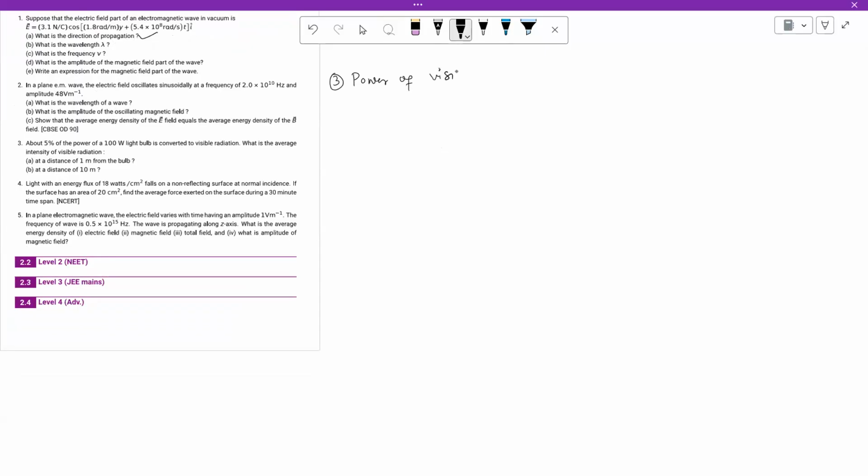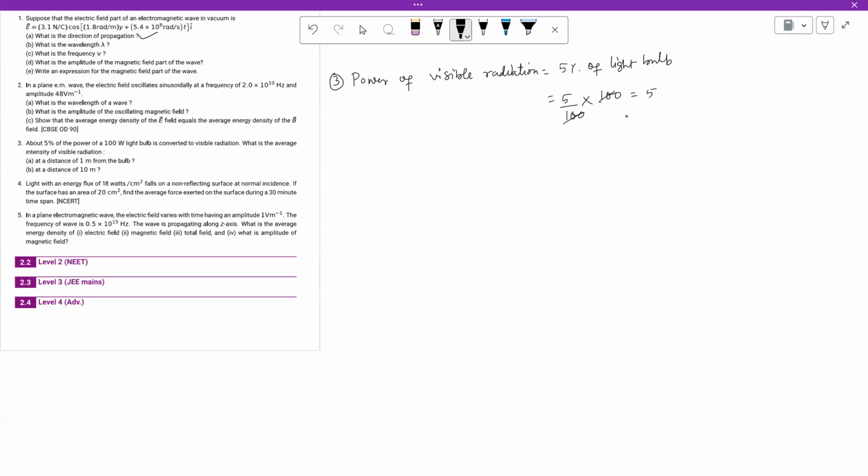That would be 5% of the power of the light bulb. So this is 5% into 100, which is 5 watts, right?